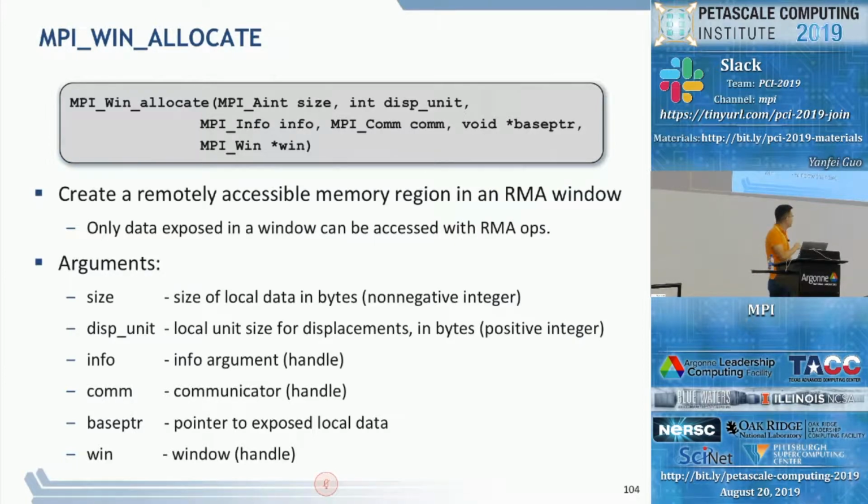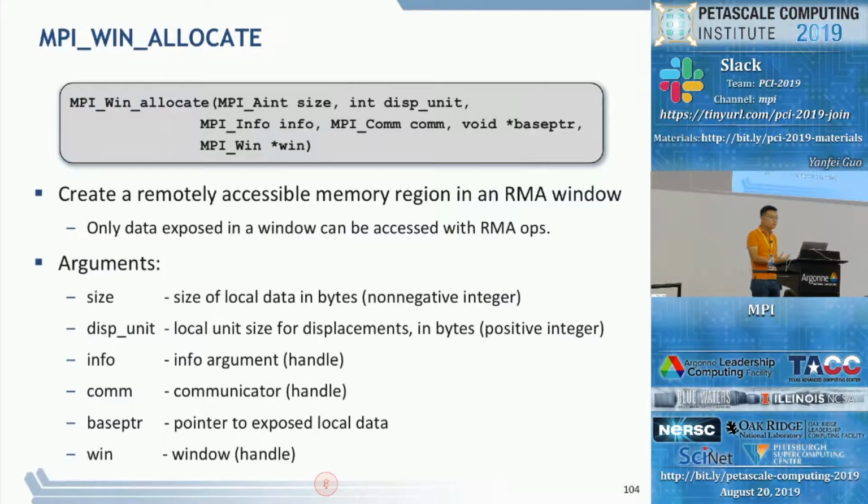Okay, and there's the MPI info. There's the info hint, which I'll talk about later. And then you need to say which communicator you are creating this window from. The communicator basically allows you to say, I want to create this window on a group of processes. That group could be MPI comm world, where everyone is exposing some memory.